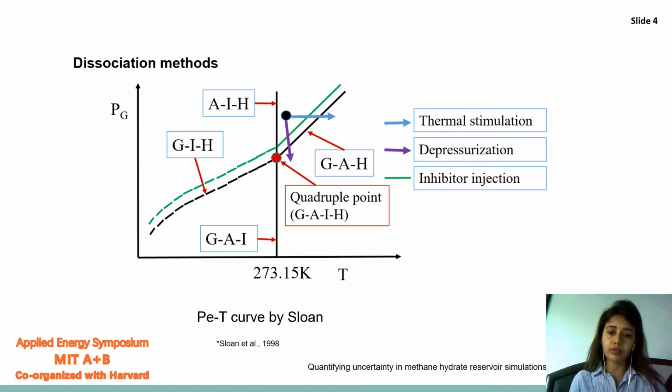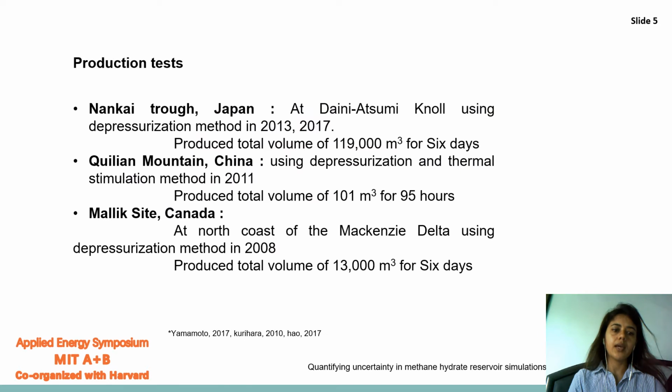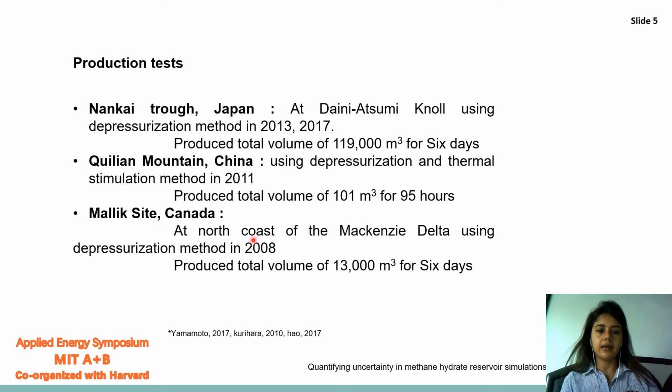Now let's look at the feasibility of methane production from these reservoirs. In 2008, the first production test was done at the Mallik site in Canada, which produced methane gas for 6 days. Then China did a production test in 2011, and Japan did production tests in 2013 and 2017.